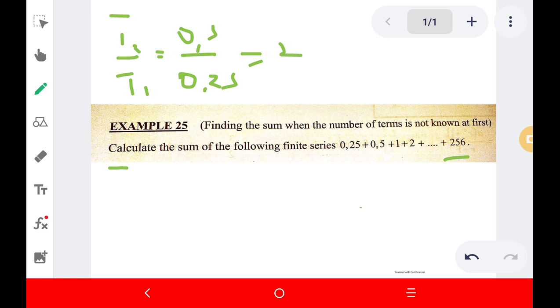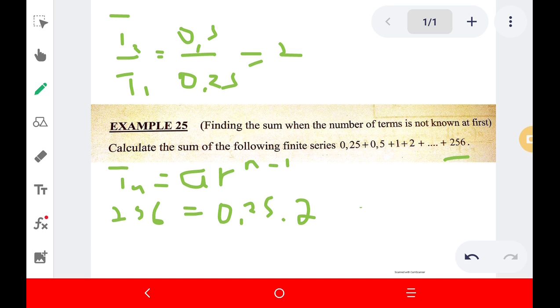So we have Tn, and since it's geometric, not arithmetic, we have T_n = a r^(n-1). Now if we substitute our last term, 256, our first term is 0.25, multiplied by our r, which is 2, to the power of n minus 1.